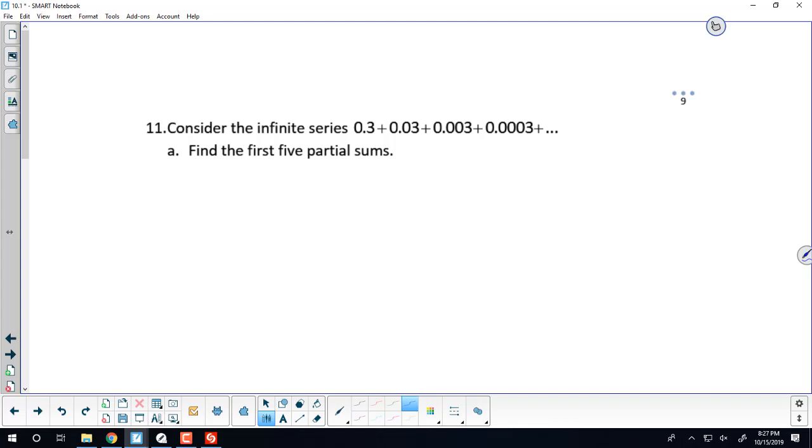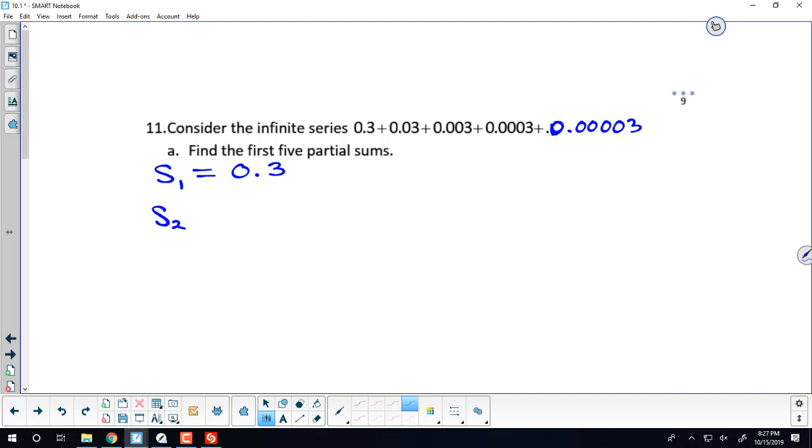So the first 5 partial sums, this would be plus 0.00003. So what's the first partial sum of this series? Yeah, 0.3. The first partial sum is always just the first term.